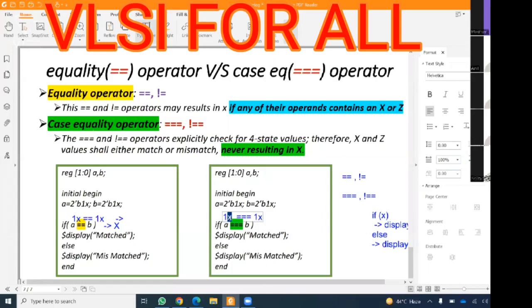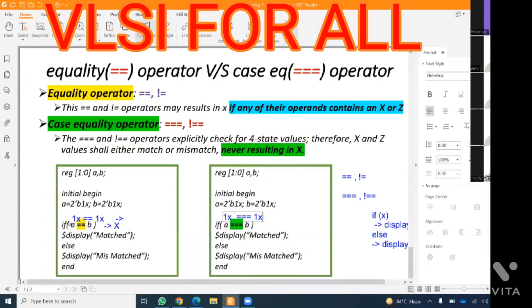It doesn't look at it in a way that, okay, X can be 0 or 1. Otherwise, this is going to give me multiple options, right? Because this can be 1 0, this can be 1 1. This is how a case equality operator works.